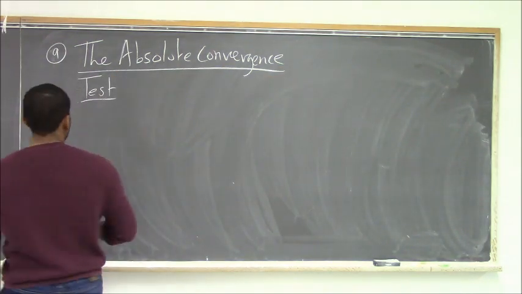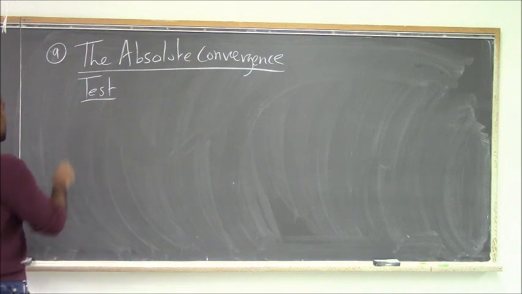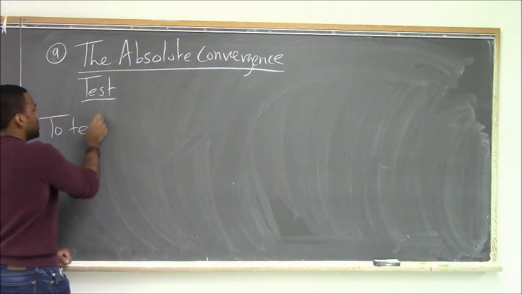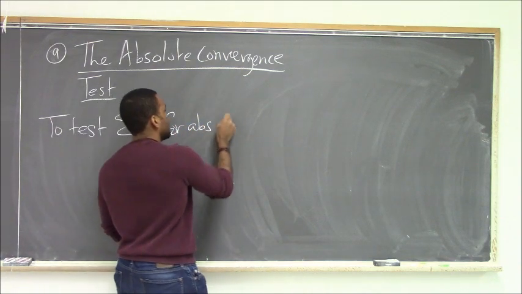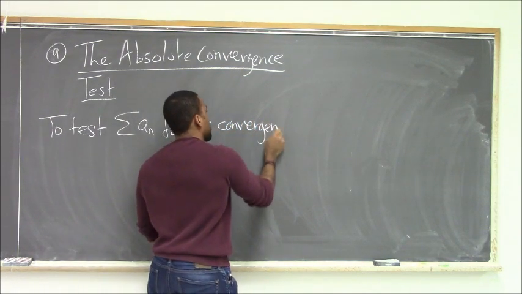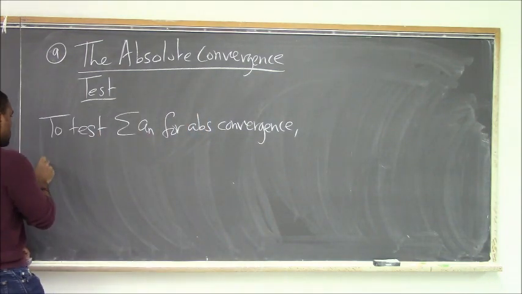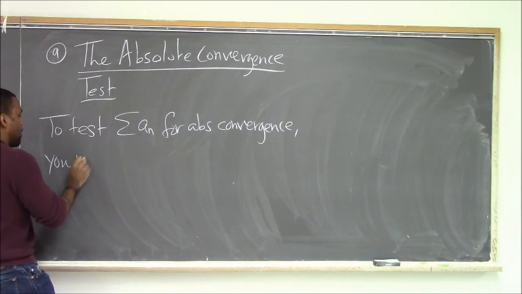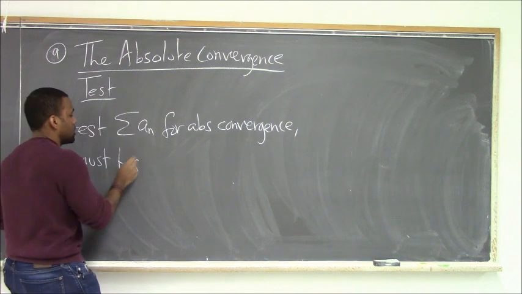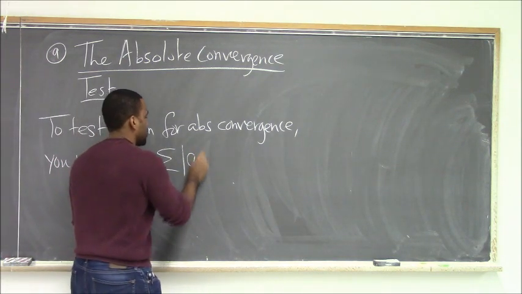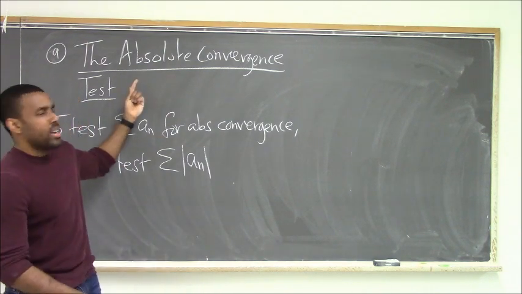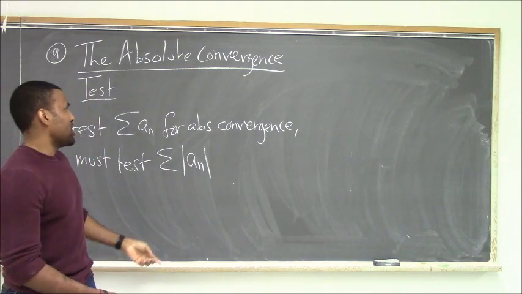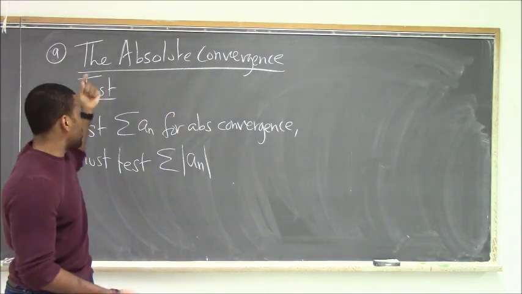Basically this is just to test a series for absolute convergence. And technically, why I say this is not really a test on its own is that it doesn't have rules associated with it.